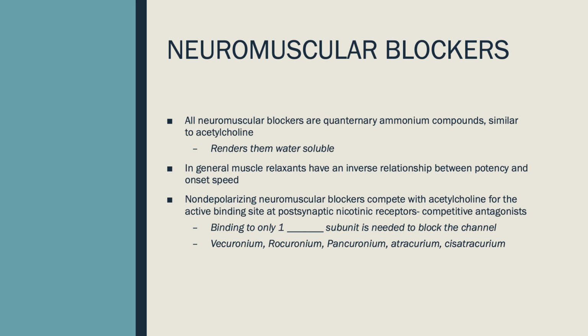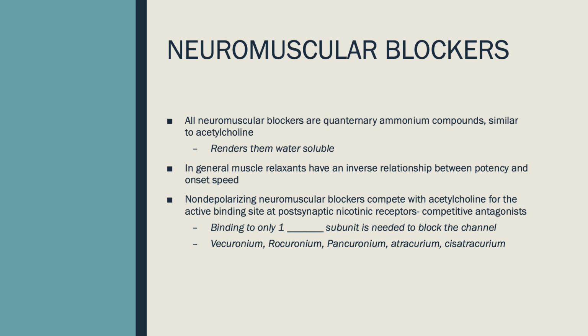Non-depolarizing muscle relaxants work by blocking acetylcholine from binding to the nicotinic acetylcholine receptor at the neuromuscular junction. And it just has to bind to one of the receptor's alpha subunits to block that channel and prevent ion flow, inhibiting muscle contraction. So rocuronium, vecuronium, pancuronium, atracurium, cisatracurium, they all have a varying onset and duration.